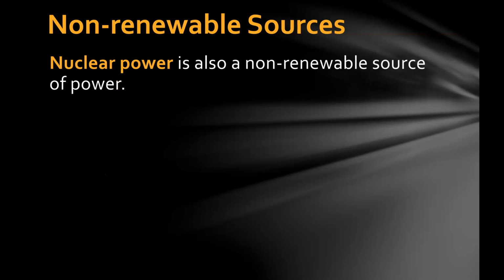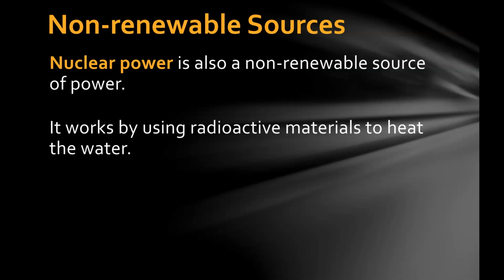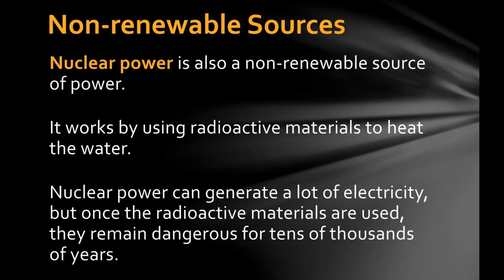Another non-renewable source, for example, is nuclear power. It works by using radioactive materials to heat the water. For example, a thermal nuclear generator will use uranium atoms, which are split into smaller atoms, producing a huge amount of energy.